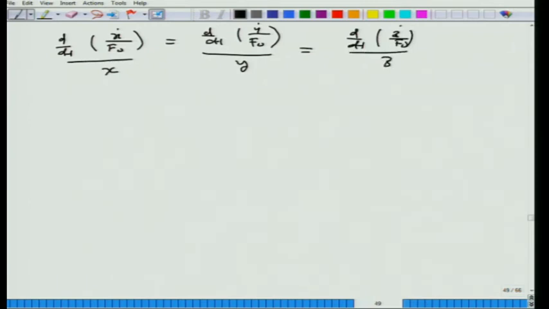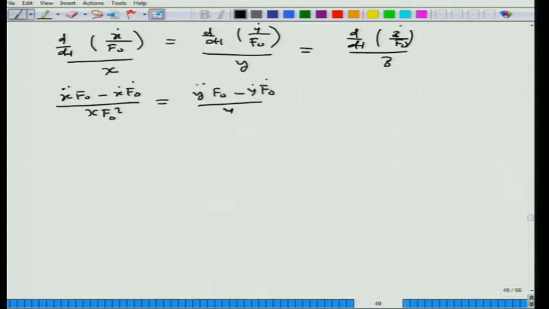And so, opening this, we get x double dot f0 minus x dot f0 dot over x f0 square, y double dot f0 minus y dot f0 dot over y f0 square, z double dot f0 minus z dot f0 dot over z f0 square.